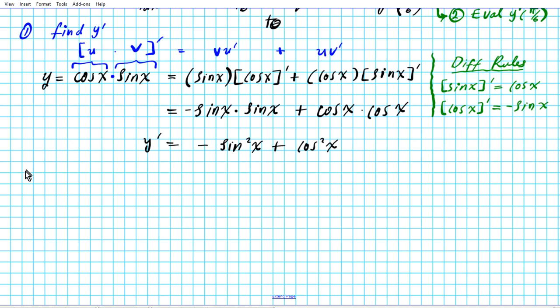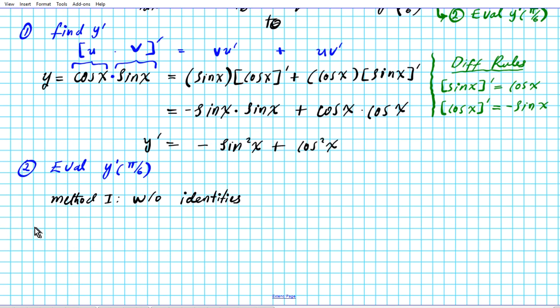So method 1, so we're doing step 2 now, which is to evaluate the derivative at the specified x value, which is pi over 6. So method 1 is without identities. So if you don't remember your double angle identities, it's fine. You can still solve the problem. It just takes a little bit longer.